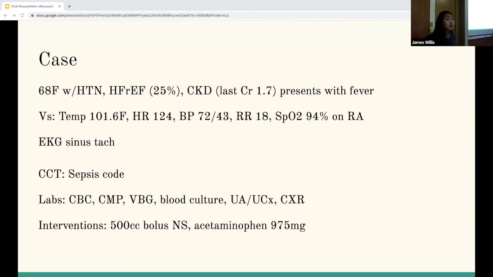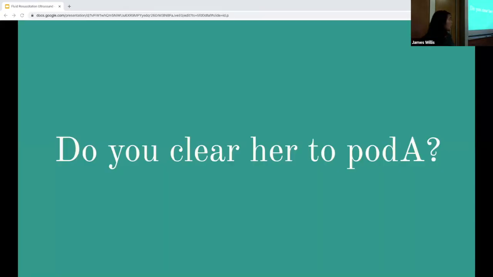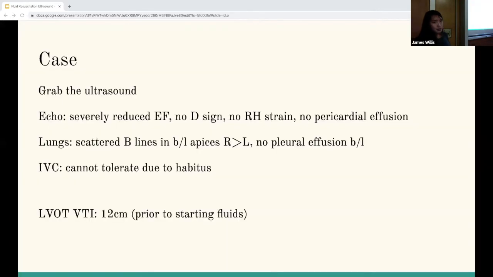Maybe we'll start with a 500 cc bolus. There's some time for that. Just a thought: some people might clear her to pod A at this point, depending on how your CCT looks versus how the pod looks, depending on which attending you're working with. Other people might decide to keep her.